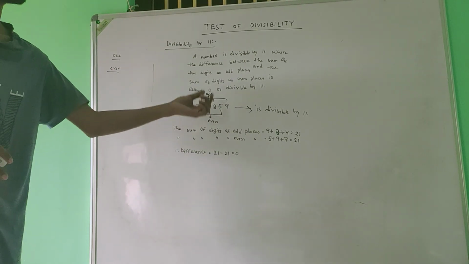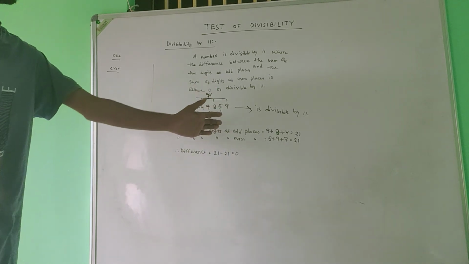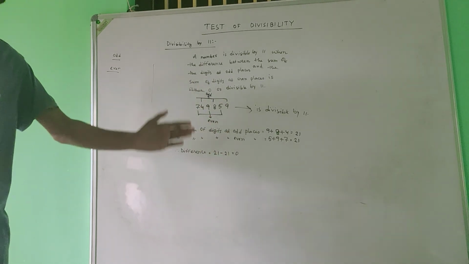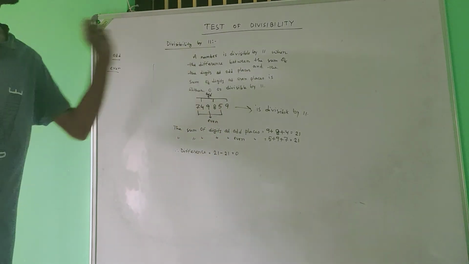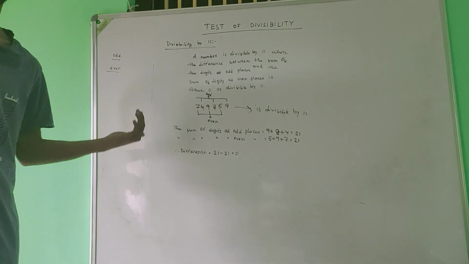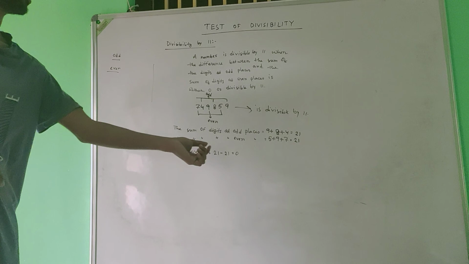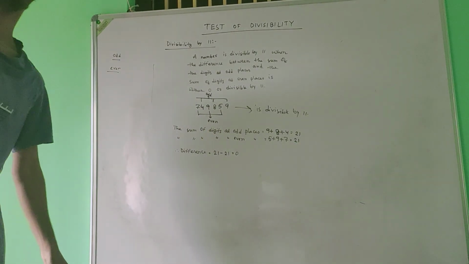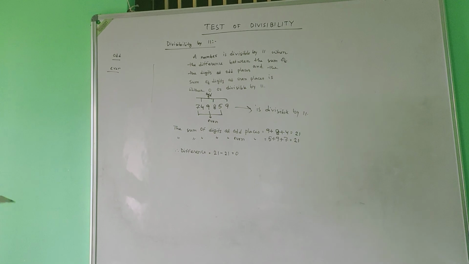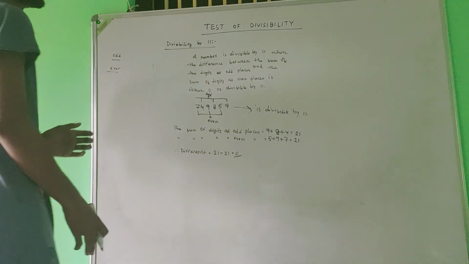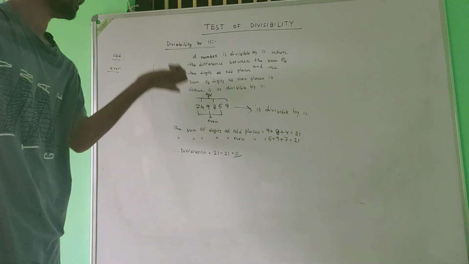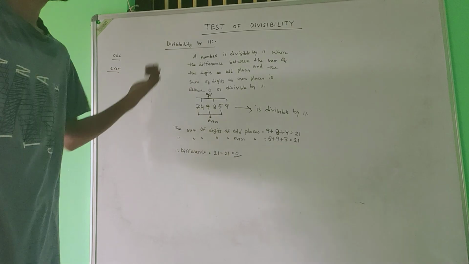First we have to find out the odd places and the even places, then find their sums, then subtract them, bigger minus smaller, and whatever comes will be called the difference. When the difference is either 0 or divisible by 11, then the number is divisible by 11.